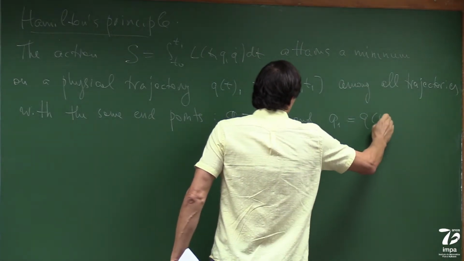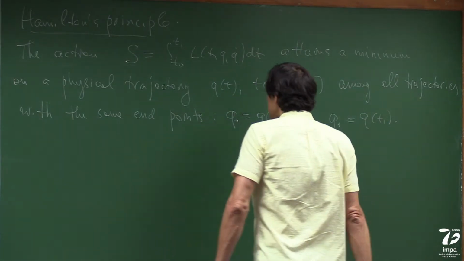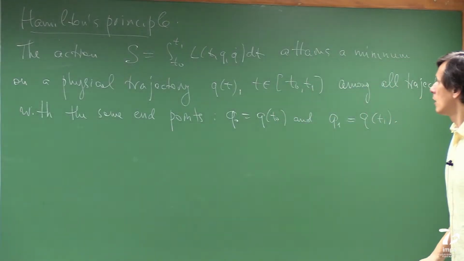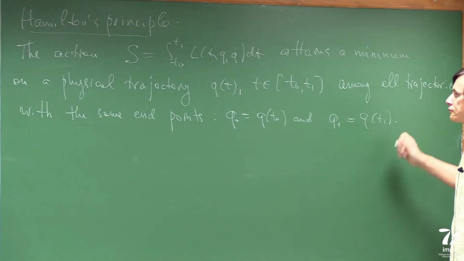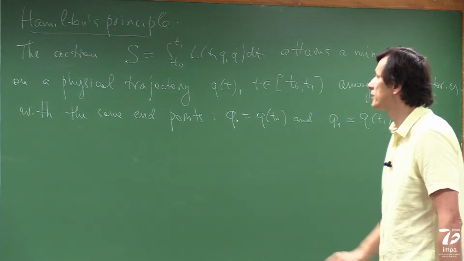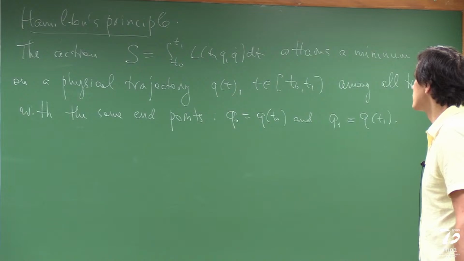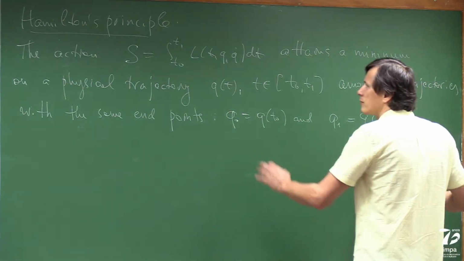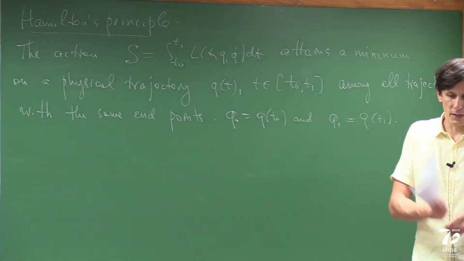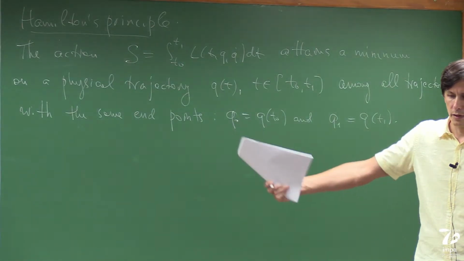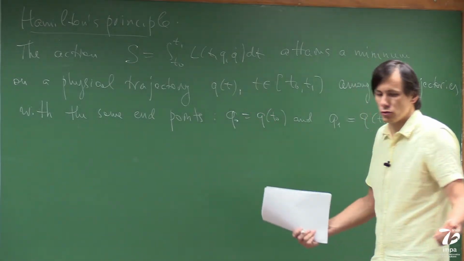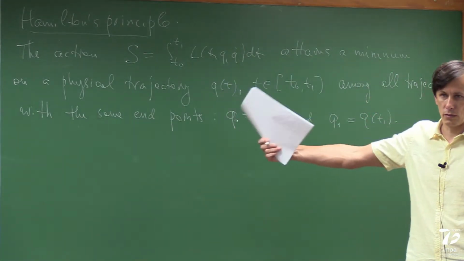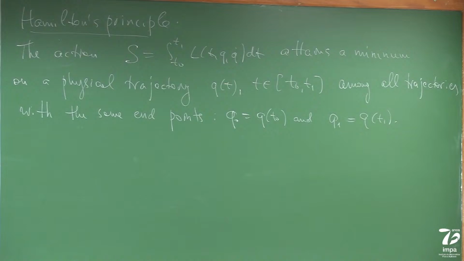So the endpoints are fixed. And this is really a strong limitation, which is rather counterintuitive, because you start someplace and you want to find a trajectory, and in order to find a trajectory from the Hamilton principle, you should know the first point and the last point. So it's not a very nice condition.